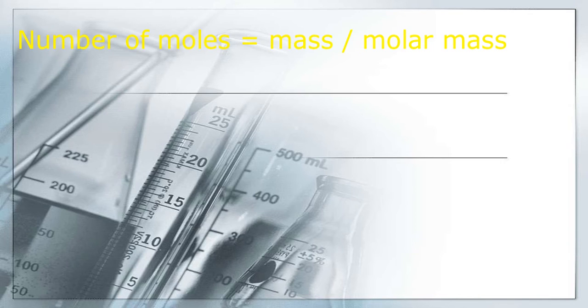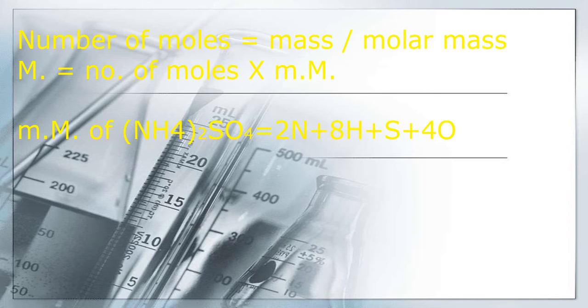The first law we have here: number of moles equals mass over molar mass. So we want mass equals number of moles times molar mass. For the molar mass of ammonium sulfate, we have its chemical formula (NH4)2SO4, so we have 2 N, here we have 2 times 4, 8 hydrogen atoms, 1 sulfur and 4 oxygen.